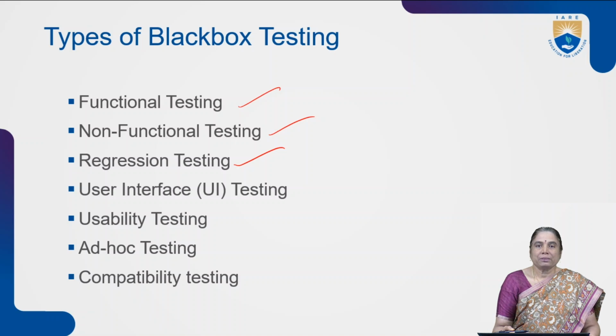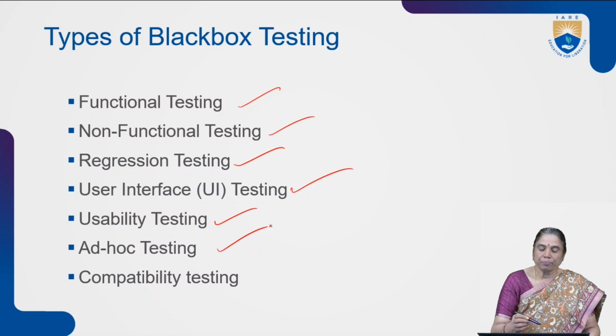User interfaces can be tested with the help of UI testing. The ease of use of the application by the user is verified with the help of usability testing. Without a formal procedure, the application is tested informally, with inspection of design documents, in the case of ad hoc testing.